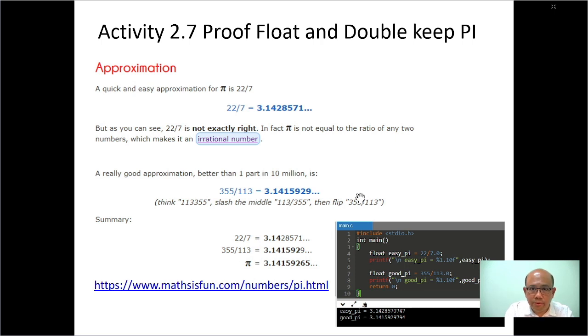When you learn in school, the pi value we understand is 3.14. It is a pi value, but not exactly. You can calculate a pi value from 22 divided by 7. This generates a pi value, but not exactly the real pi value.